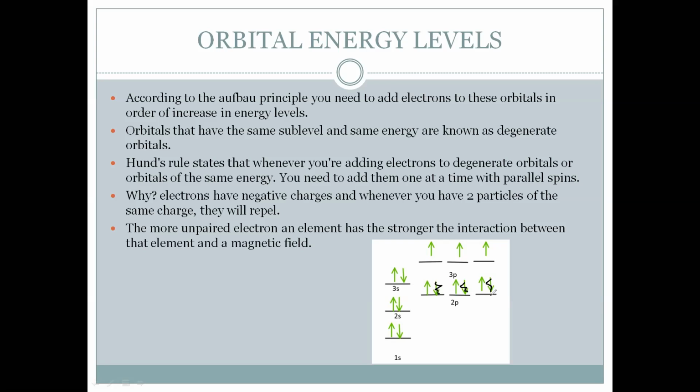So kailangan muna lahat ng orbitals ay magkakaroon ng electrons bago muna lagyan ng opposite spin, or down arrow. Okay? So ganun yung correct way of placing your electrons when you're dealing with orbital diagrams or orbital energy level.